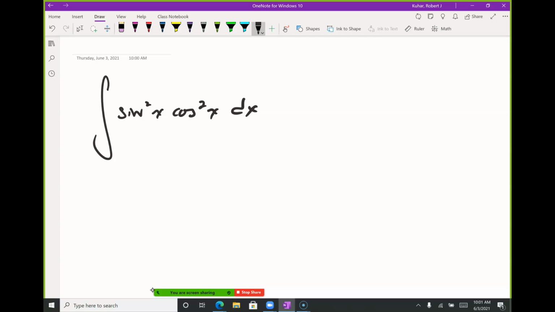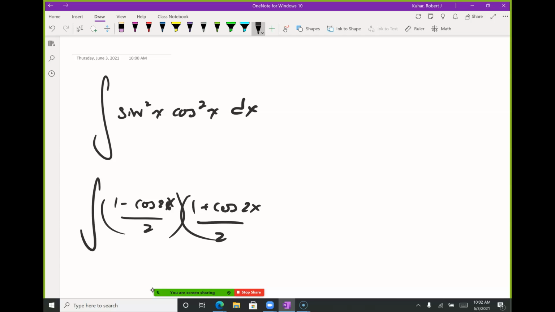And so you do the second one, right? You change the cosine squared into 1 minus sine squared and then distribute and see what happens. Because if I do that one, I'm going to do the problem I told you just to try. So I want to see what happens if I do both into a power reduction. So I have 1 minus cos of 2x all over 2 times 1 plus cos of 2x all over 2 dx.